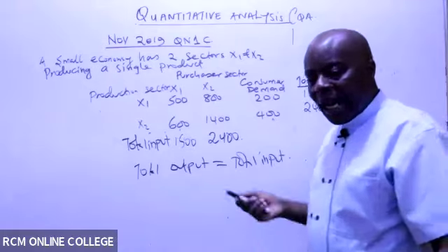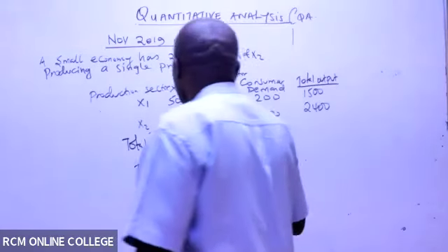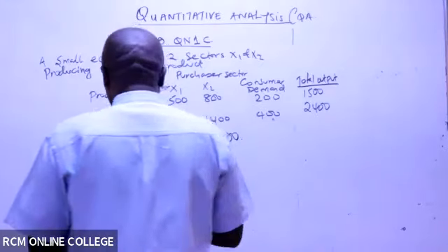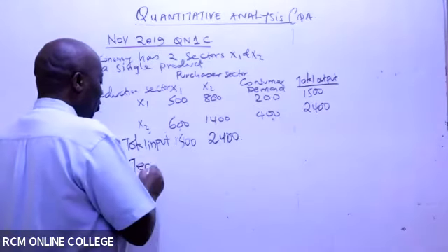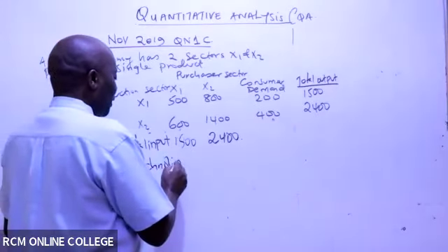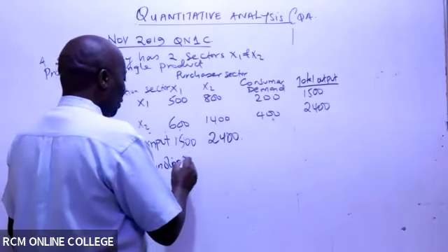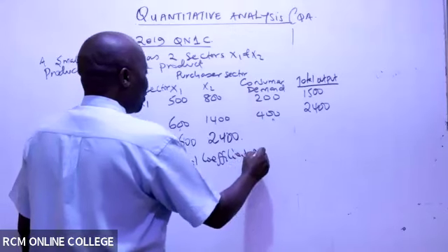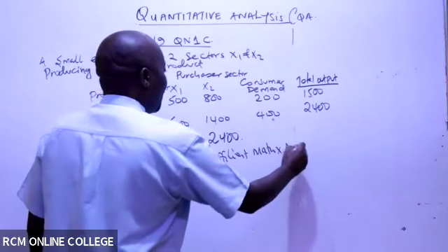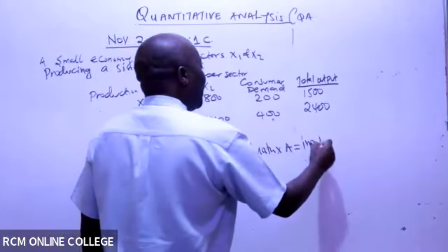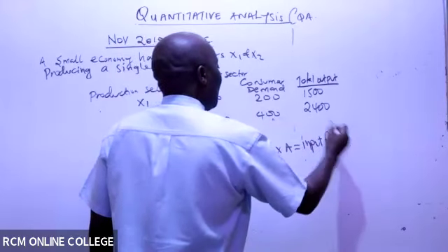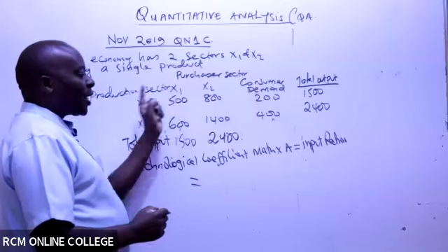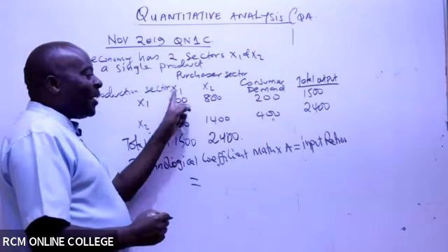After that, I will be able to get the technological coefficients matrix. Matrix A, which is also known as the input ratios, will be equal to these proportions based on the total input.